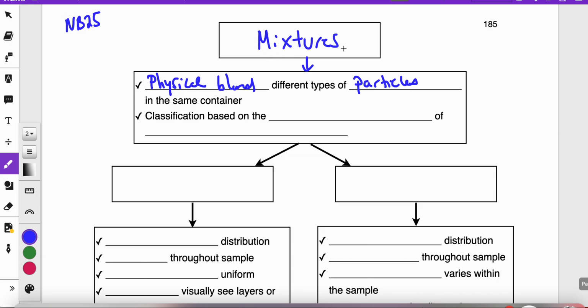And we subclassify mixtures based on their particle distribution. So classification is based on the distribution of the particles in the container.